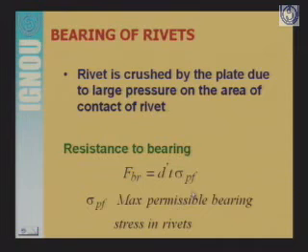So if we multiply the maximum permissible bearing stress in rivet by the effective area, gross diameter into the thickness of plate, then we get the bearing resistance of the rivets.